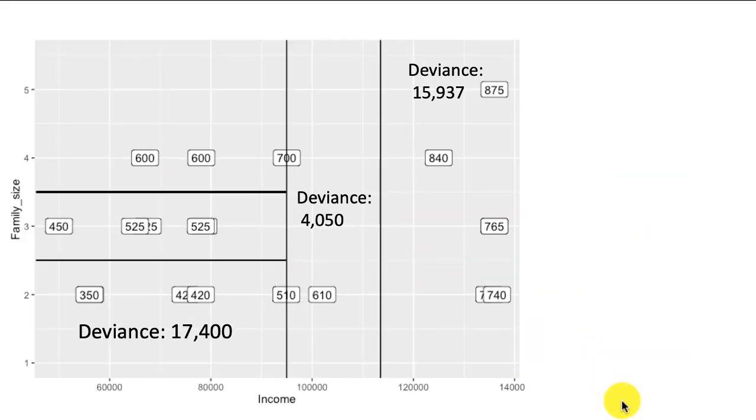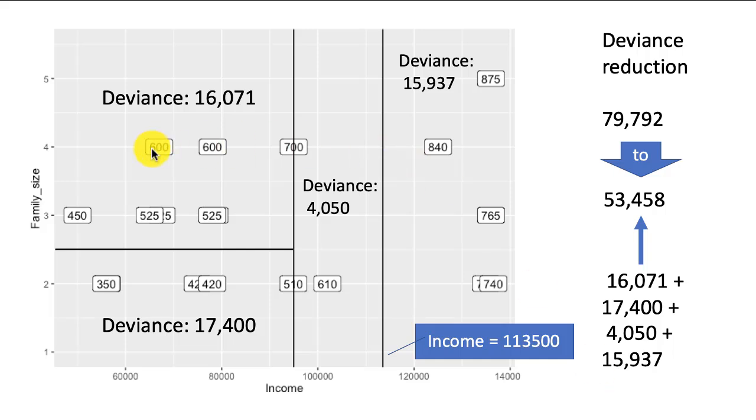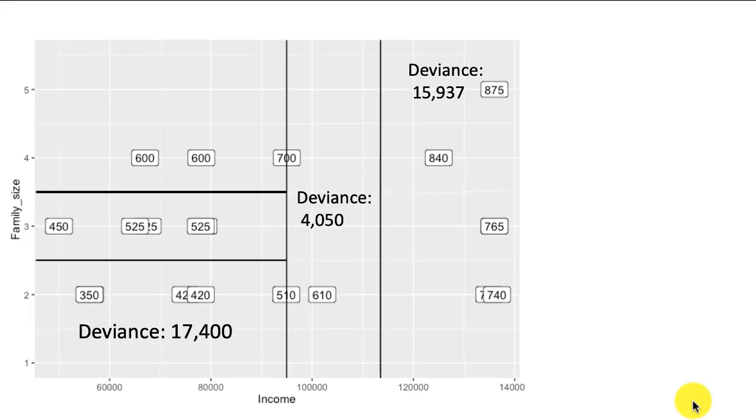Again, there are several splits possible on this, several on this, several on this, several on this. The system is going to consider each one of those splits and add up all the resulting deviances and choose the one that is the best. And it turns out it finds the best one is that one, to split at 3.5 on family size.